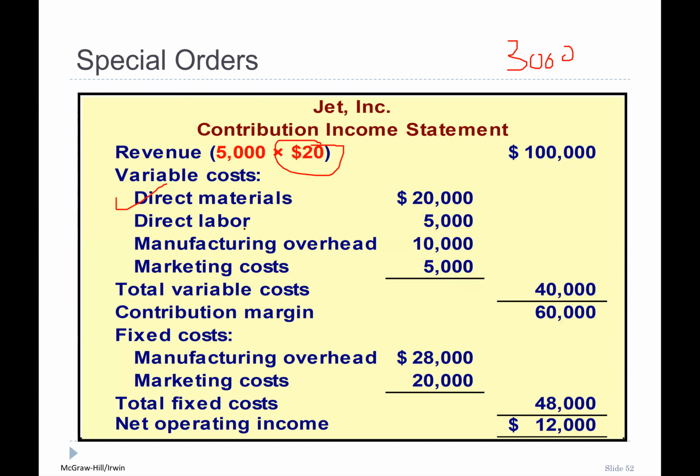Would they be needing direct labor? Yes. Manufacturing overhead? And would they be needing marketing cost? No, because this is a one-time order. The foreign distributor automatically contacted them. They don't have to pay the marketing cost. Fixed costs remain the same, so fixed cost is not going to be used, right?